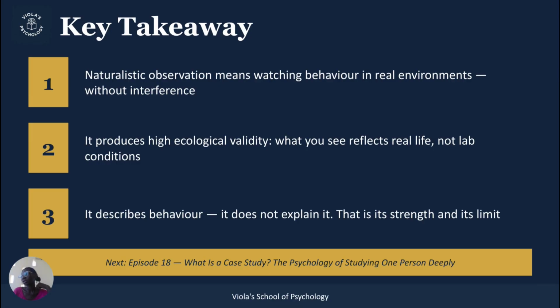Naturalistic observation is our first descriptive method, under descriptive research as one kind of research. Case study is where one person is studied in extraordinary depth, and we're going to learn why it matters and why you cannot generalize from them.